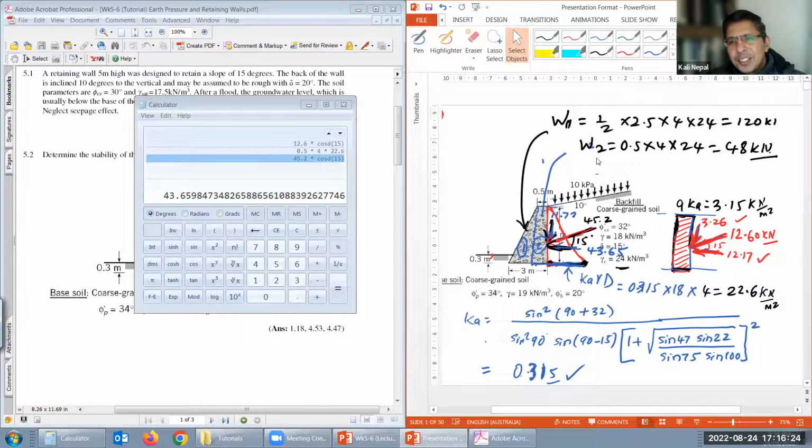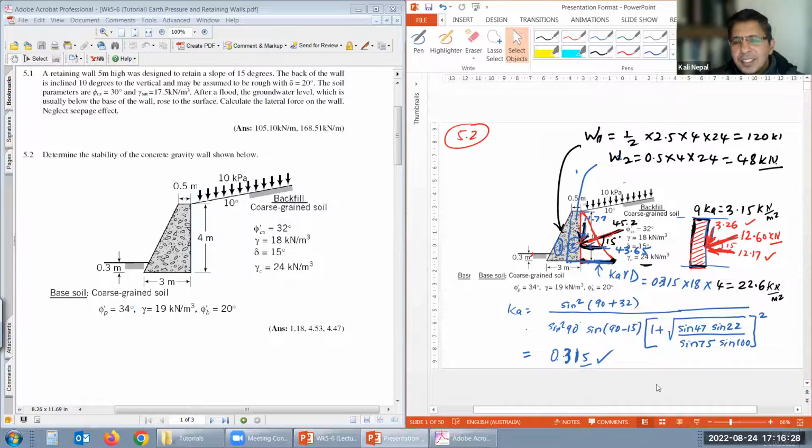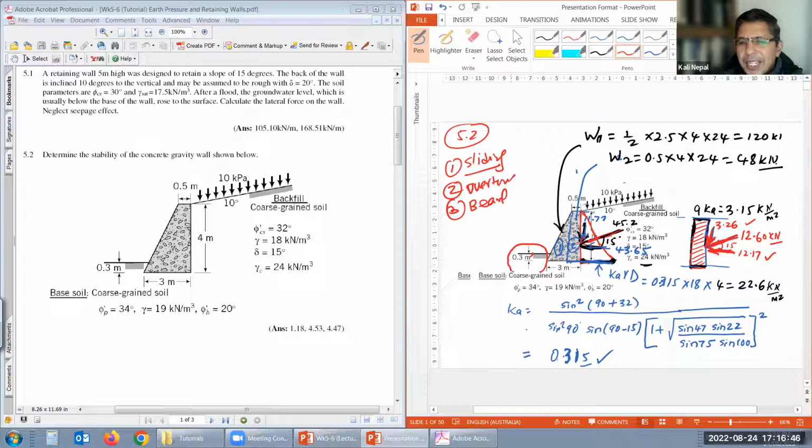Now we need to check 3 cases. Number 1 is sliding. Number 2 is overturning. And the third is bearing capacity at the bottom. Because this is a very small part, the passive pressure we can ignore.